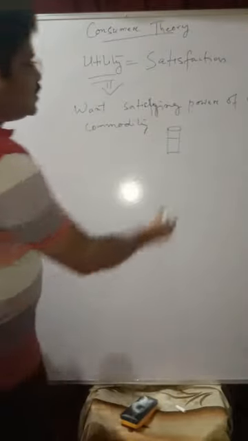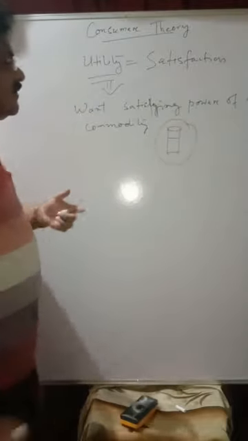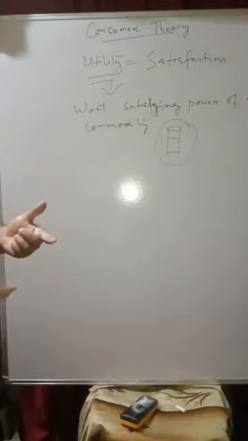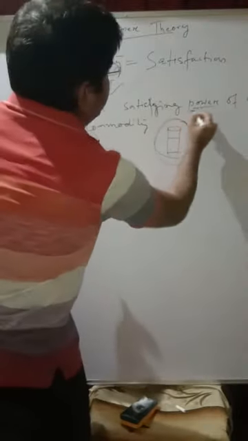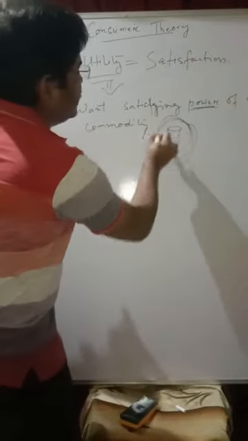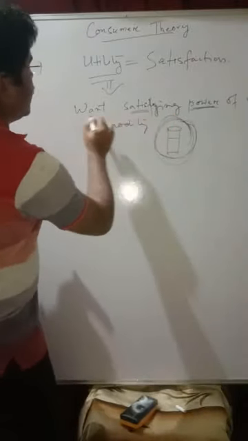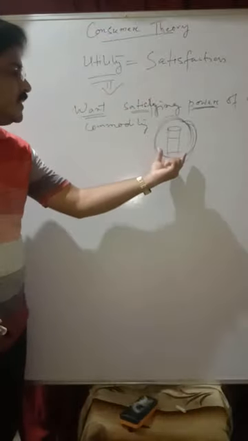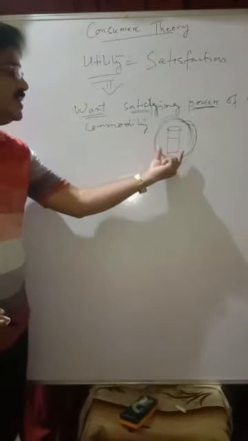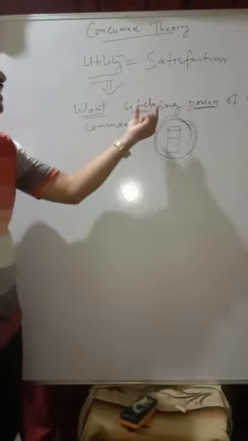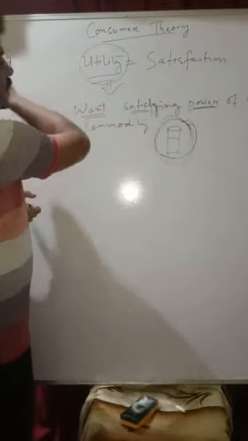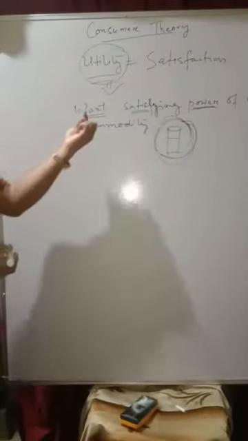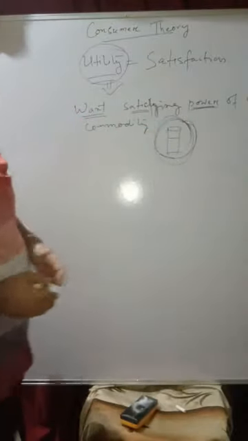Suppose this is a glass of water, and you are feeling thirsty, and you consume that glass of water. After your consumption, the level of satisfaction you derive shows that this glass of water has the power to satisfy your want. So if the glass of water is your commodity, and that commodity has the power to satisfy human wants, then it is called utility. So the term utility is technically defined as the want-satisfying power of a commodity.